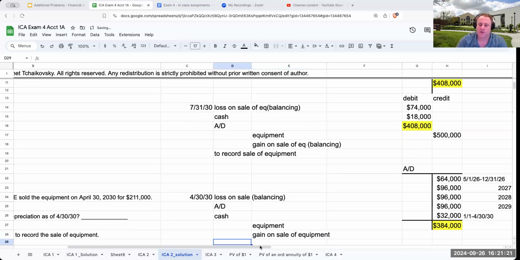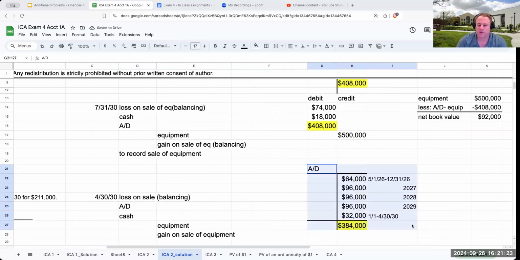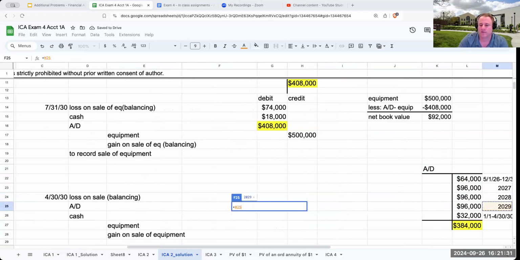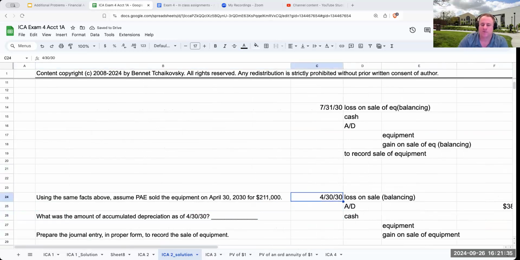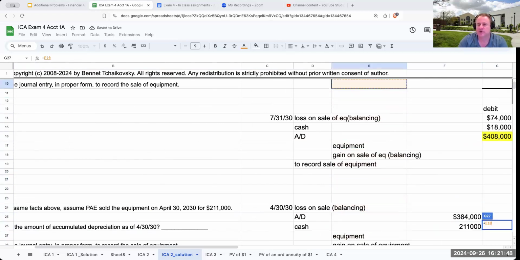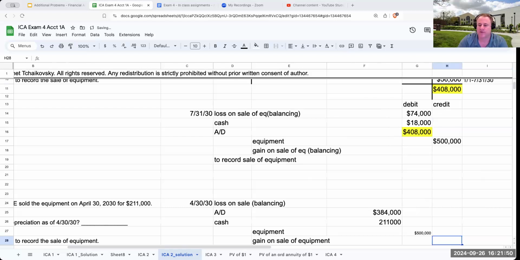Now, with this accumulated depreciation that we just computed, we know that balance is going to be a total of 384,000. This problem also tells me that I'm selling it for 211,000. I'm getting 211,000 cash, and the equipment value has not changed. It's still going to be at 500,000.